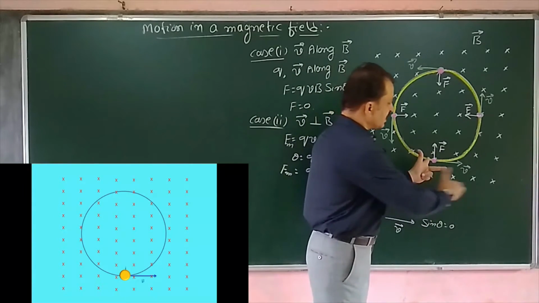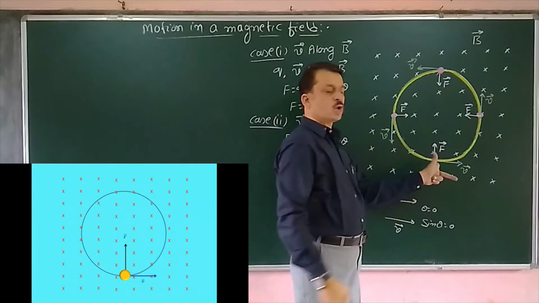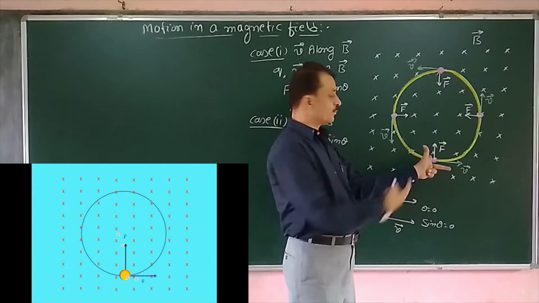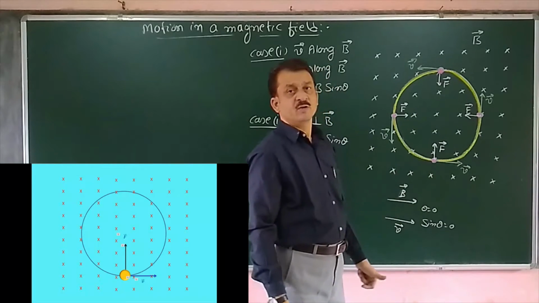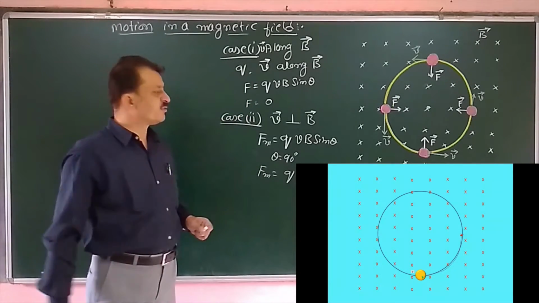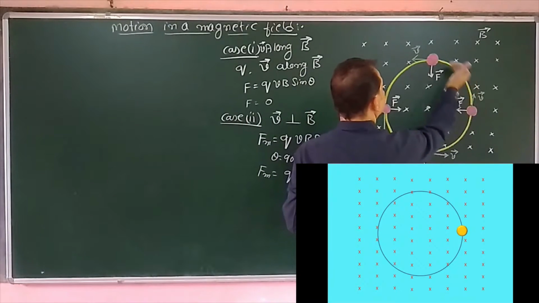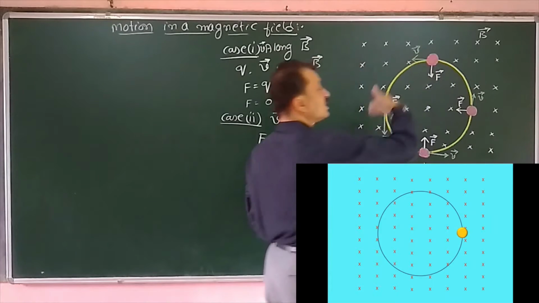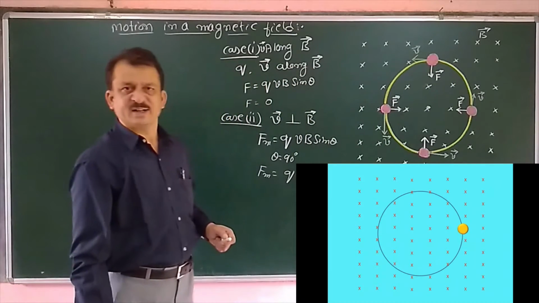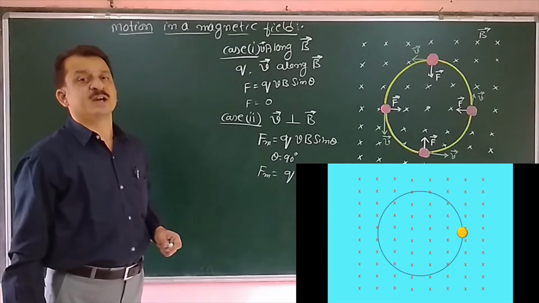So look here, the velocity is along this direction and the magnetic field is into the plane of the board. Then the extended thumb represents the direction of the force. So therefore, whenever the velocity vector and the field vector are mutually perpendicular, this charged particle describes a circular path, as shown in the figure.